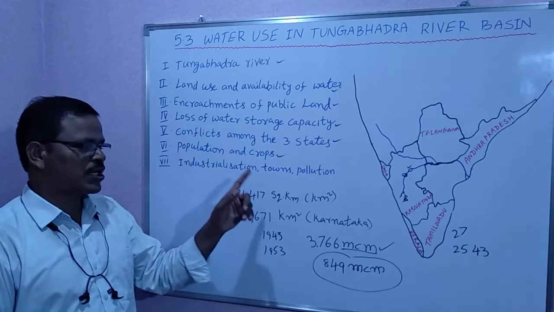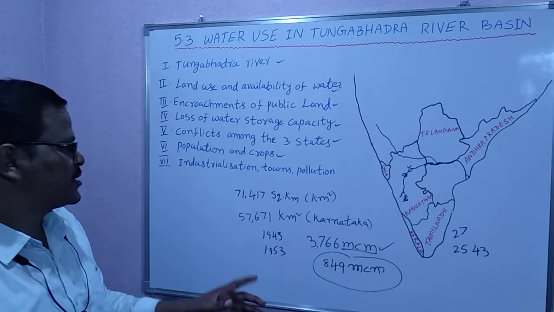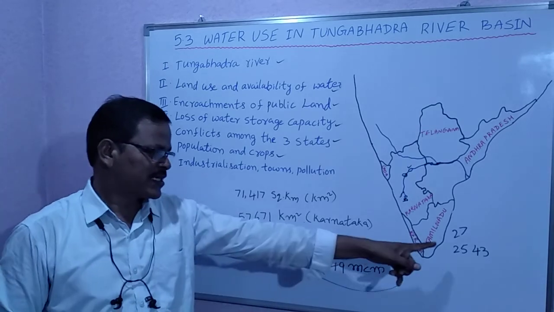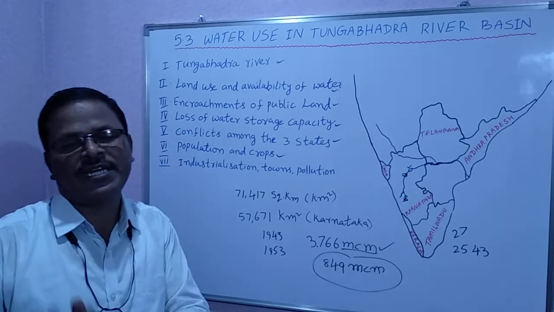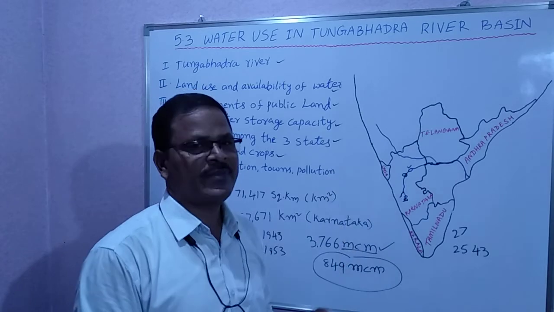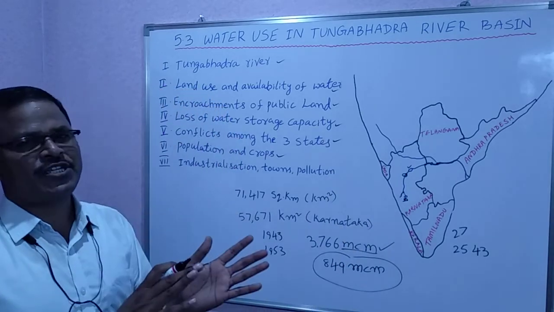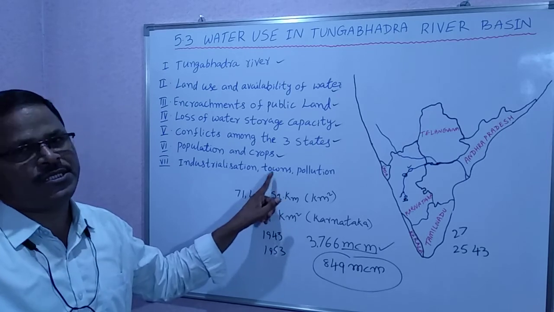Next, industrialization, towns and population. In these 20 years, 27 major industries and 2,543 small-scale industries were established in this area. Because of these establishments, more towns emerged.